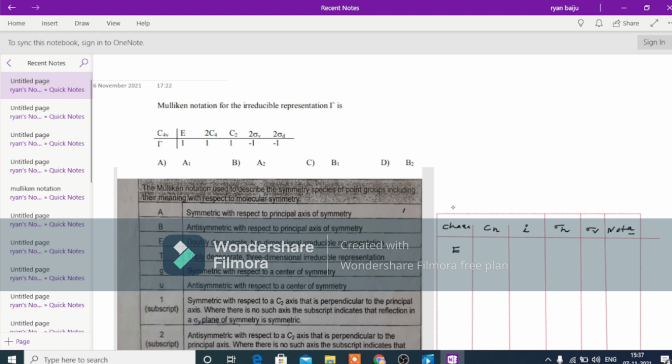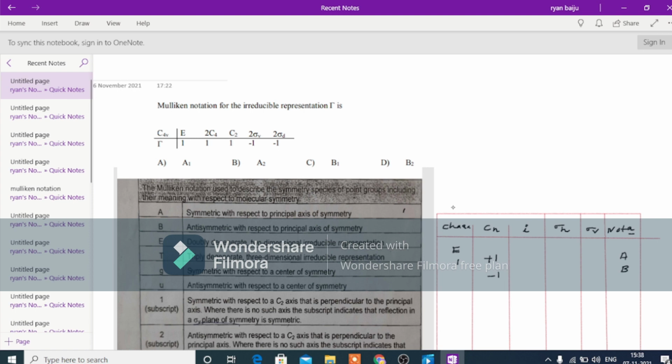If it is symmetric with respect to the principal axis of symmetry, you can write A. Identity should be 1. Identity cannot predict whether it is A or B. Therefore below the principal axis I am going to write plus 1. If it is plus 1, it will be A. If it is minus 1, the notation will be B.